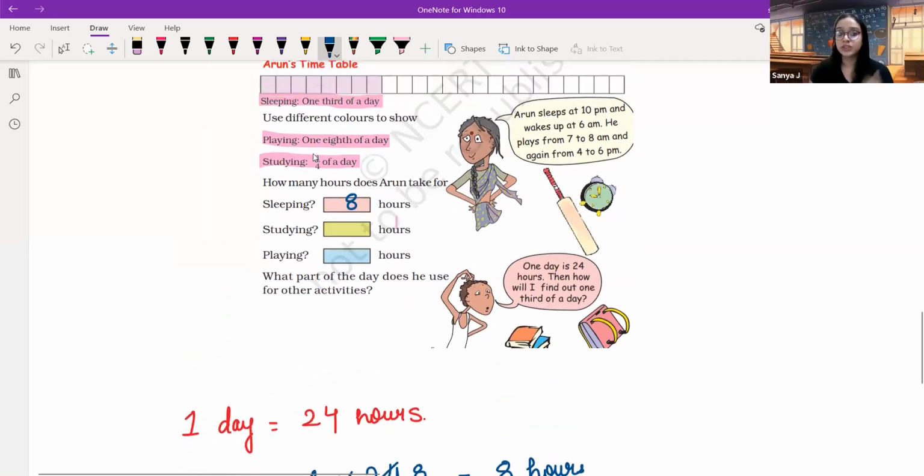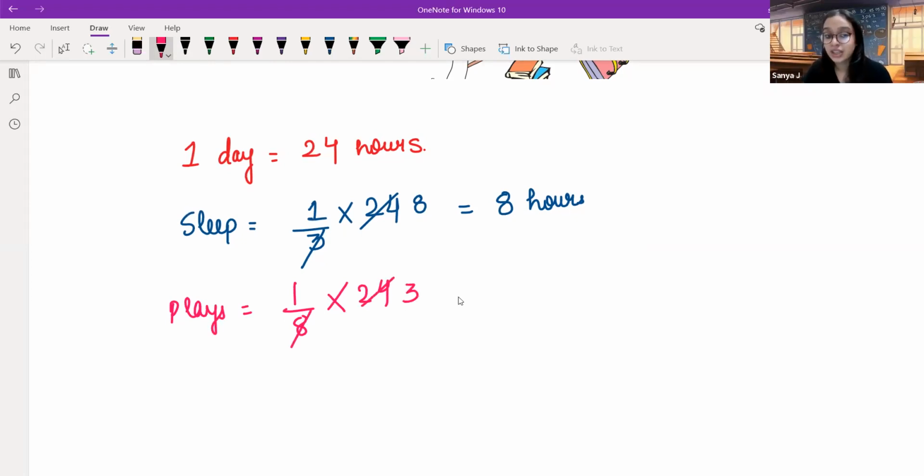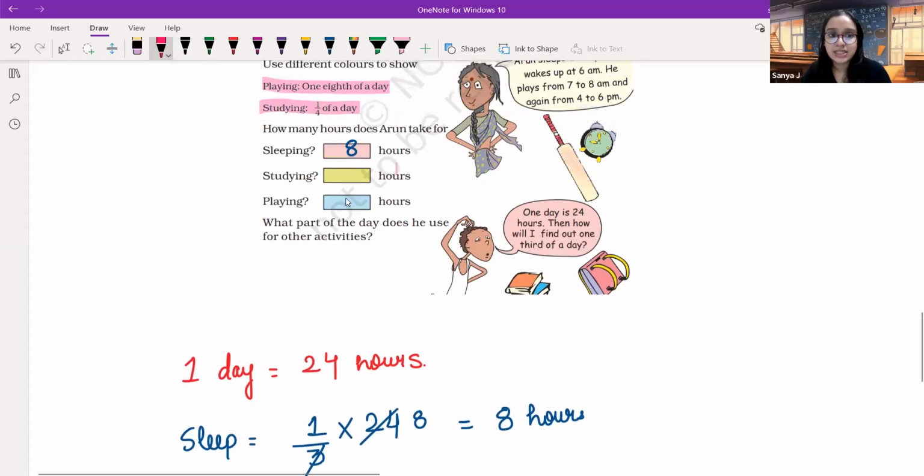Let's move further. Playing, 1/8 of the day. Now, he plays for 1/8 of the day, which means 24 hours again. Let's simplify it further. We know that 8 times 3 is 24. So he plays for 3 hours in total. Correct? And that's the answer. He plays for 3 hours.